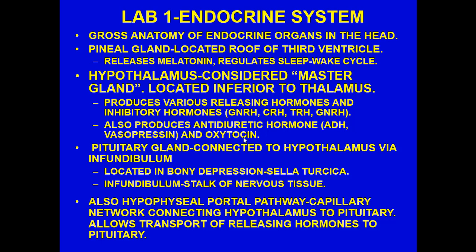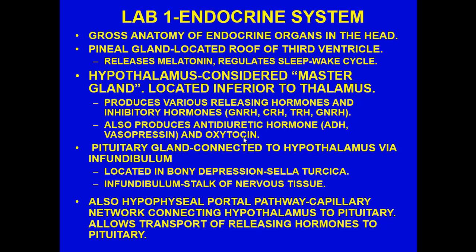It's a stalk of nervous tissue, and this is located in the bony depression of the sella turcica, that is the pituitary gland. Also, the hypophyseal portal pathway. This is a capillary network connecting the hypothalamus to the pituitary. It allows the transport of releasing hormones to reach the pituitary. And really what it also does is prevent the dilution of that releasing factor.